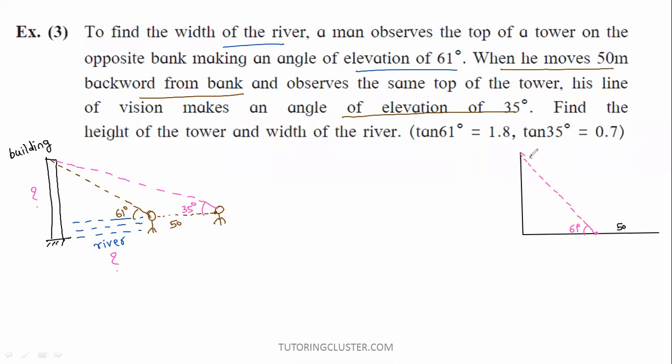Then what is the angle of elevation? 35 degree. These are the given things. Now what you have to find out? Let's do the naming. This is A, B, C and D. You have to find out AB. AB is equal to what? And you have to find out BC. BC is the river, and this is your building. Right? Now, how are you going to find this?